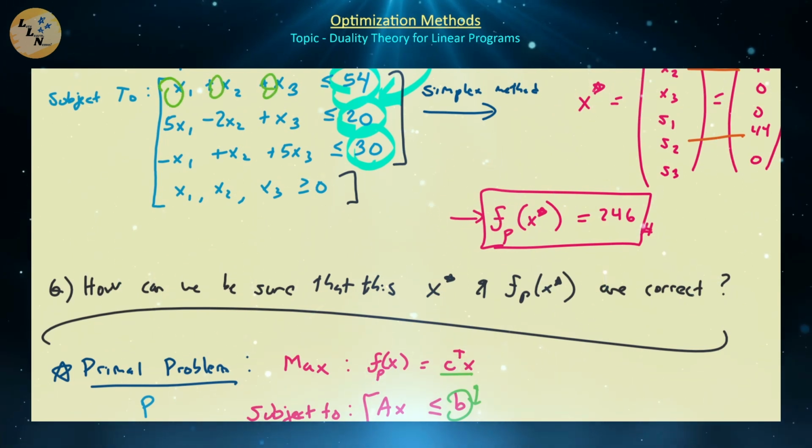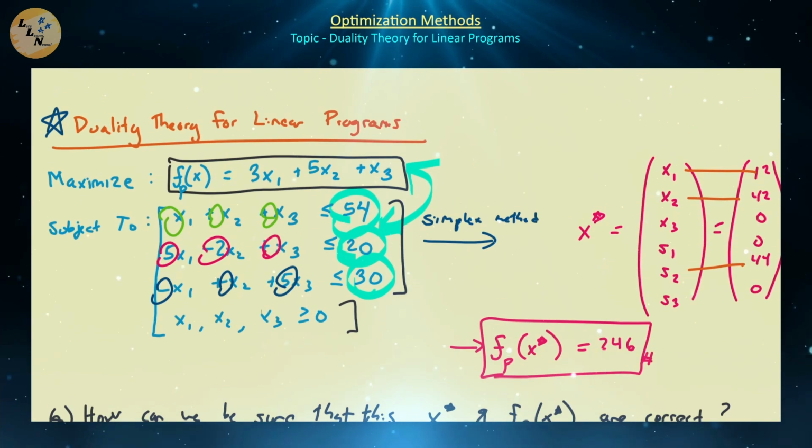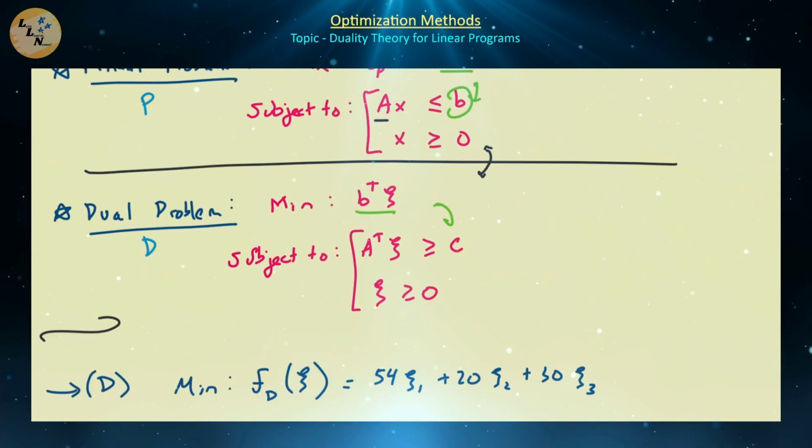That's going to be our first column. Then we're going to have 5, minus 2, 1 in our second column. And then we're going to have minus 1, 1, 5 in our third column. Okay? And those variables are going to be represented by psi1, psi2, and psi3. And the coefficients 3, 5, and 1 are going to be in our b column. And since we have everything being in less than or equal to form, we're going to have greater than or equal to form for our dual problem.